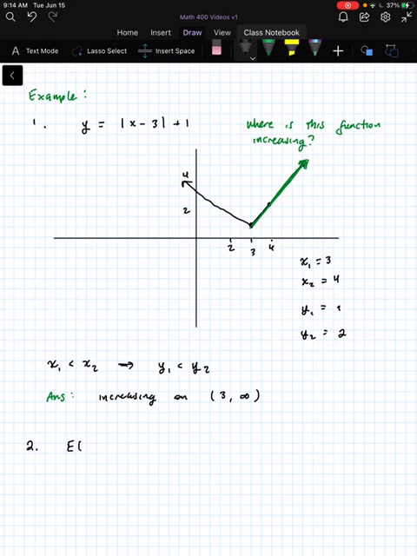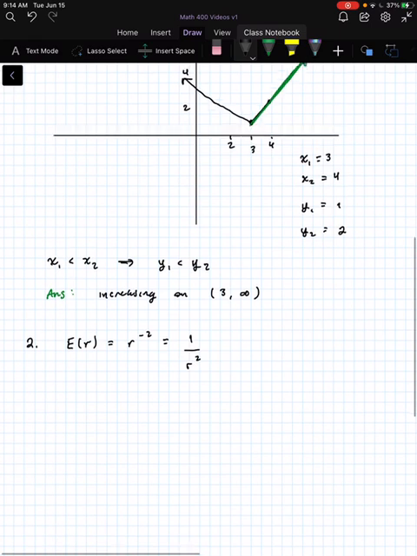Consider the function e, a function of r, equal to r to the negative 2, which, if you're not comfortable working with negative exponents, you can write as 1 over r squared.